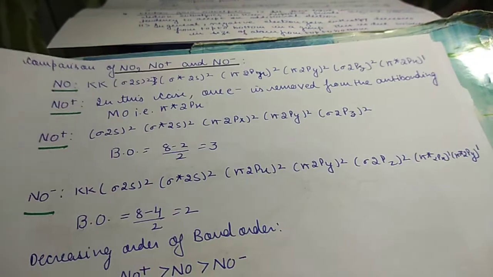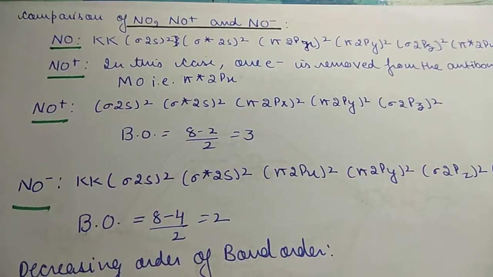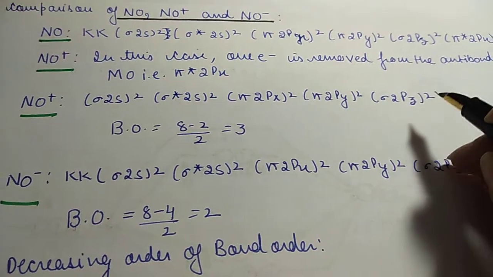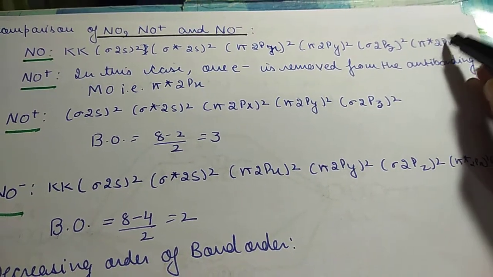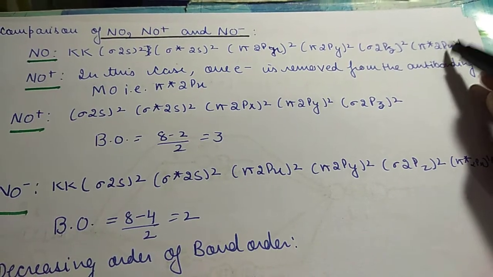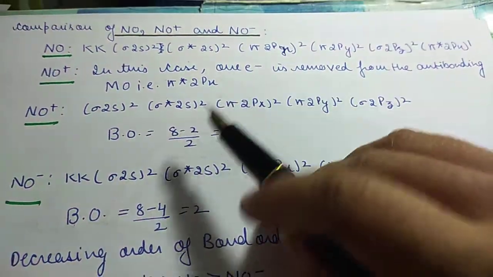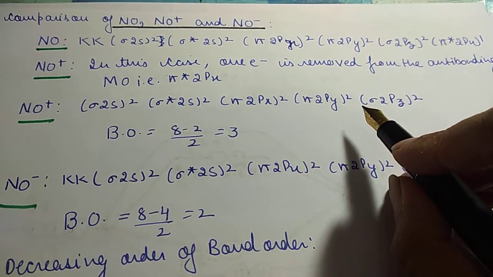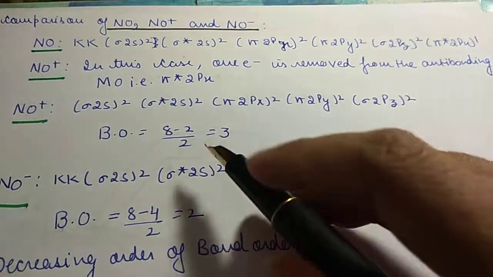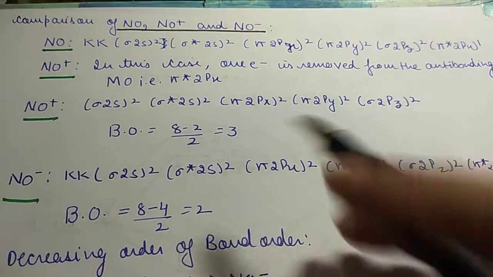This was about nitric oxide. Then if it is NO positive, NO positive will have one electron less, and that electron will be removed from the antibonding molecular orbital, that is pi star 2px. So for NO positive, this will be the molecular orbital electronic configuration, and bond order will be 3 here.